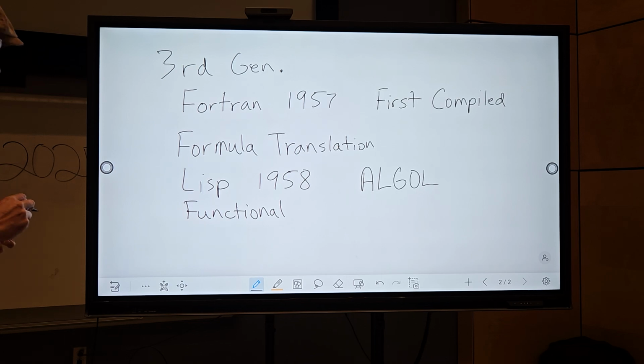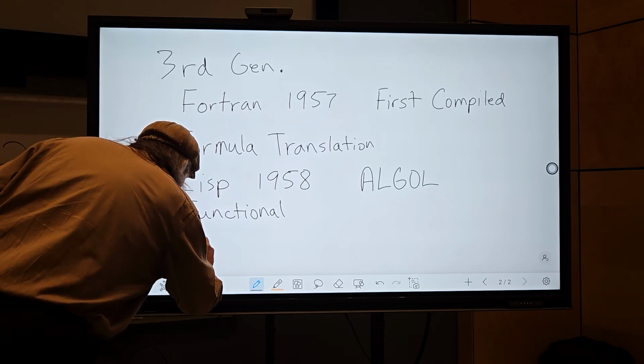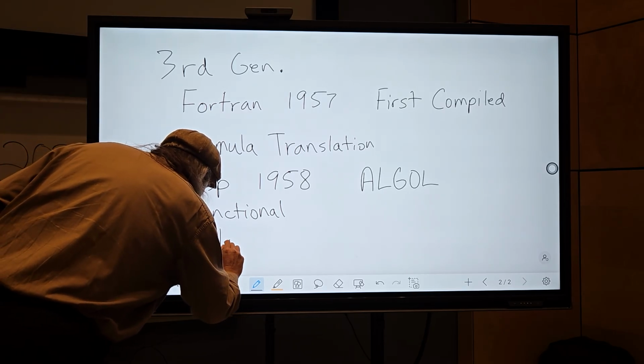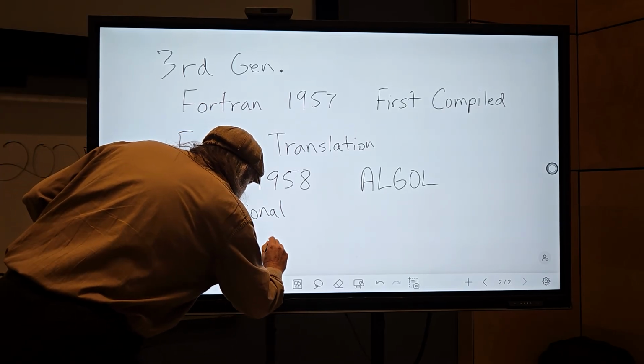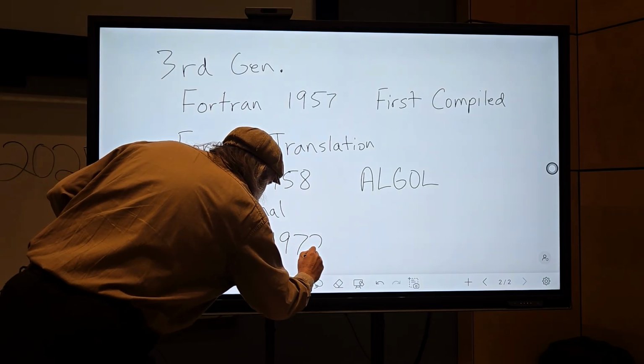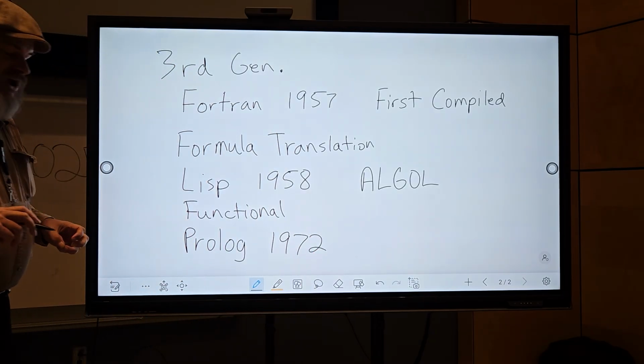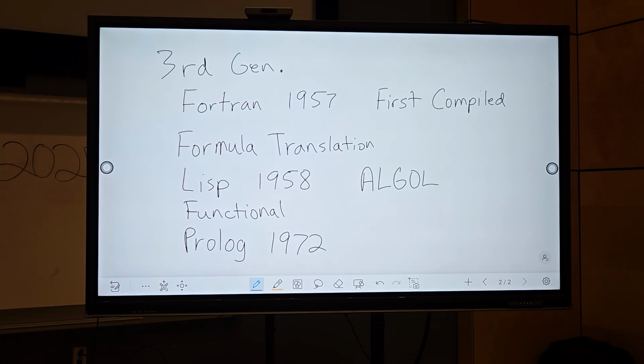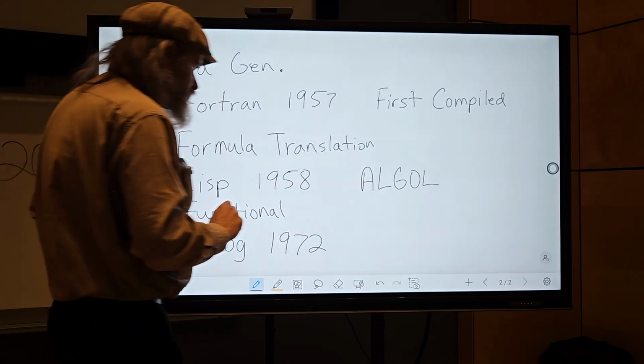In 1972, Prolog was invented. It was the first logic programming language.